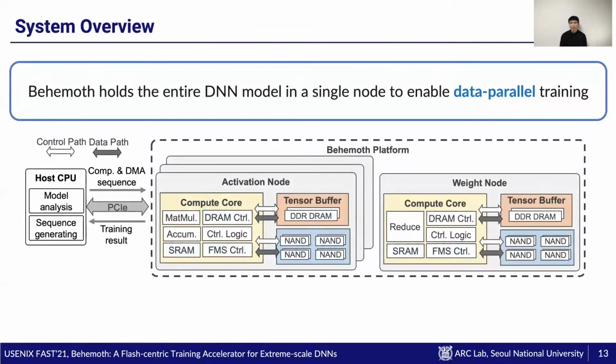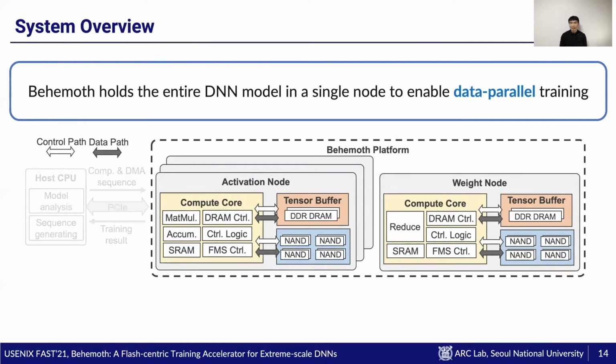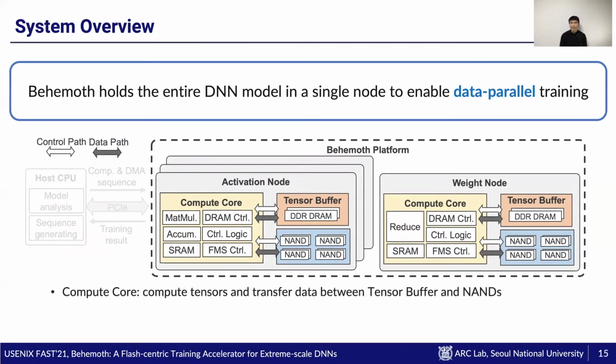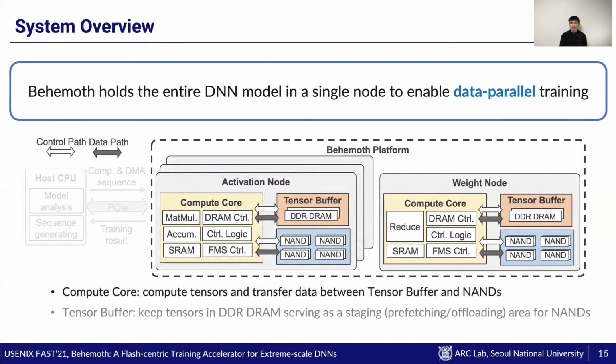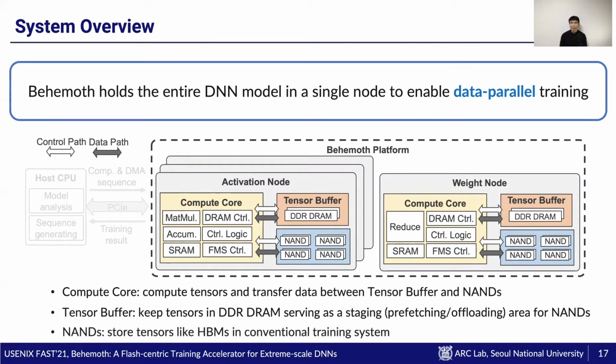We must hold the entire DNN model in a single node to enable data parallel training. The Behemoth platform is composed of several nodes that have the same hardware components. Each node has a compute core for matrix computation, a tensor buffer to hold tensors using DDR-DRAM, and NAND flash memory to store tensors.